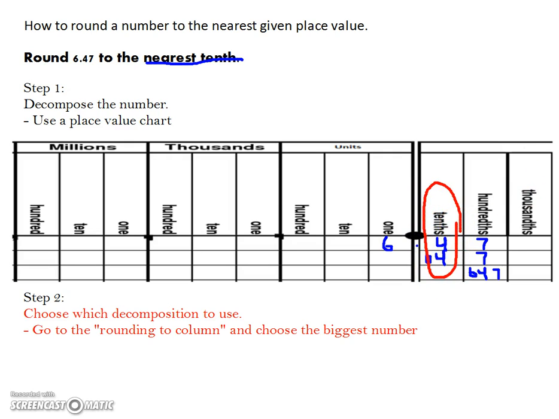Once I have my nearest tenth, I'm going to pick the biggest number. So I'm looking at 4 and 64 and asking myself which one is bigger. 64 is bigger, so the decomposition that I'm going to use is 64 tenths and 7 hundredths.